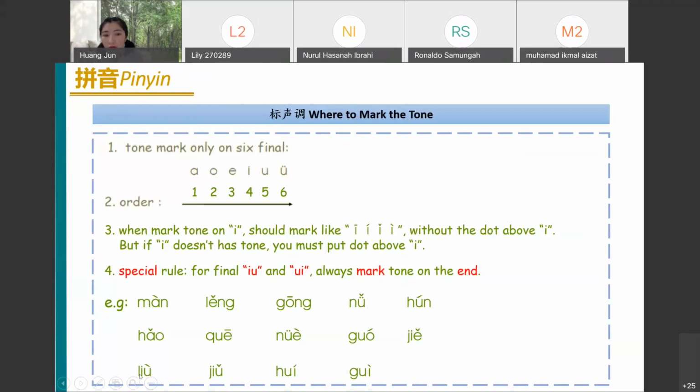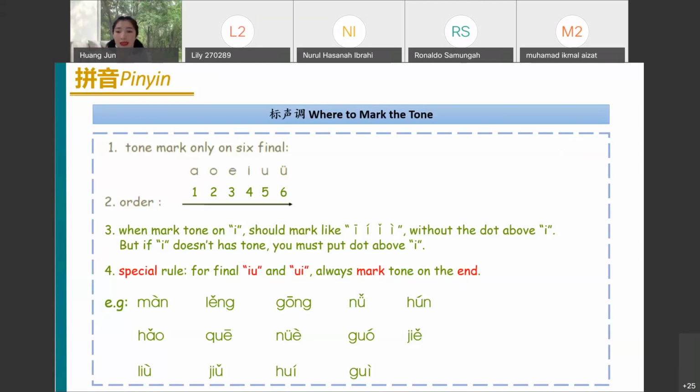So for the finals I, U, and U, I, you always put the tone mark on the end. So these are the 4 rules for how to mark the tone. Where do you mark the tone? Understand it? You have to find the correct letter first. Then actually which tone mark, 1, 2, 3, or 4, you put depends on the meaning of the word.